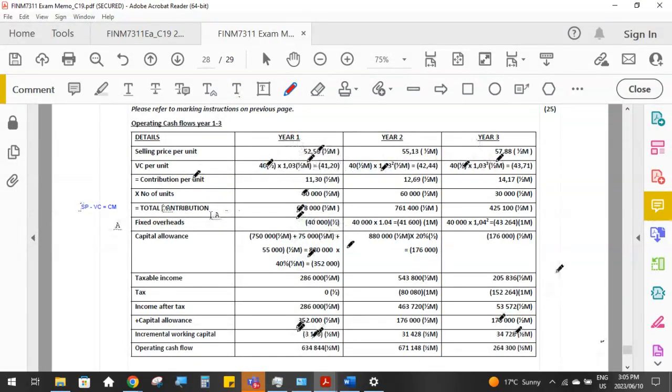And remember, taking inflation in the correct year into account, what's the contribution margin per unit? And our operating cash flow in is going to be the difference between the selling price and the variable cost. So you must get the number of units for the new machine only.